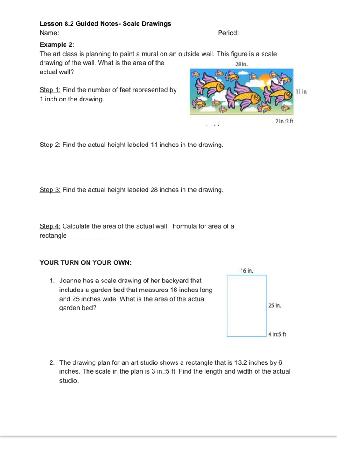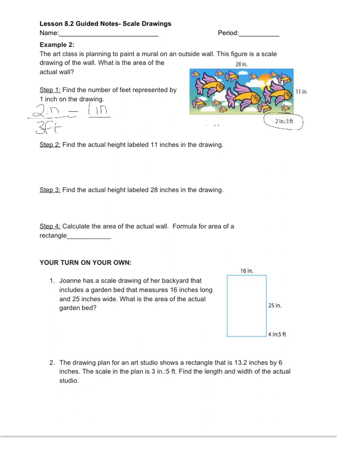So just like our last example, the first step is to figure out what 1 inch represents. And we have to start by looking at the scale that is given. And that states that 2 inches represent 3 feet. So I'm going to write that as a ratio. 2 inches equal 3 feet. And when I set up my proportion, I want to know what 1 inch represents.